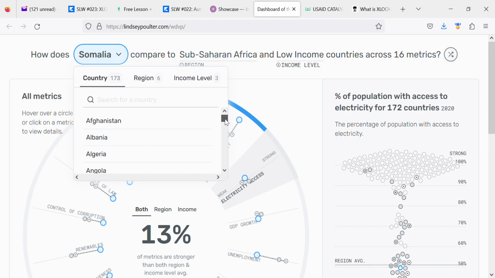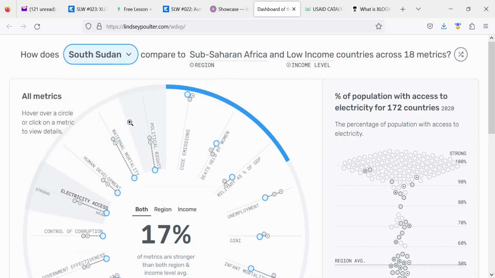Let's look for Sudan or South Sudan. Let's look for Sudan. Sudan is rated compared to sub-Saharan Africa and low-income countries across 18 metrics.